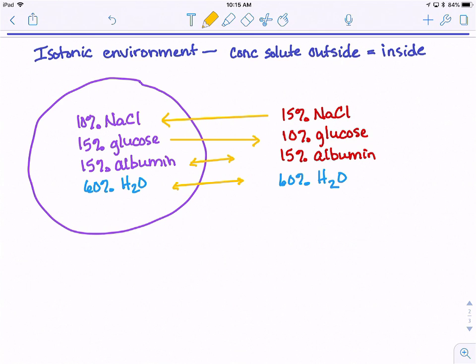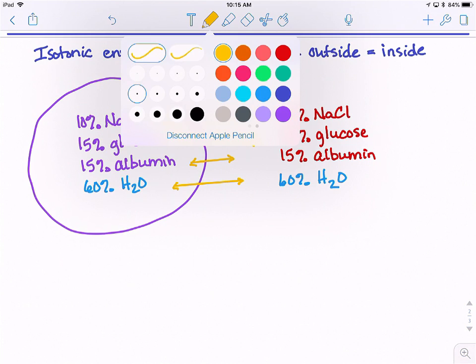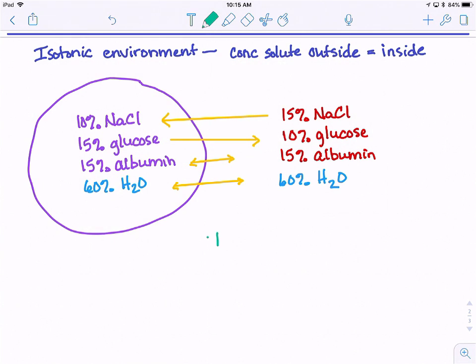Because remember, the water is what's going to tell us what the cell is going to do. Okay. So if water is not moving into or out of the cell, how is this going to change the cell size? It stays the same. And so this is the ideal situation for cells without cell walls.